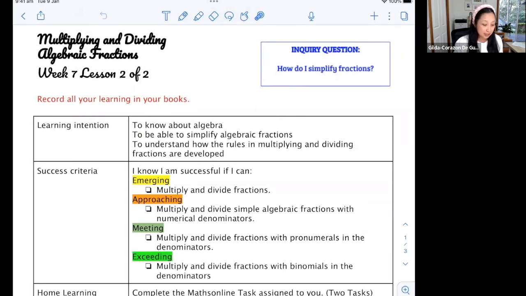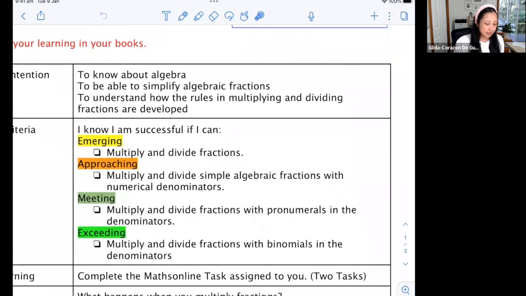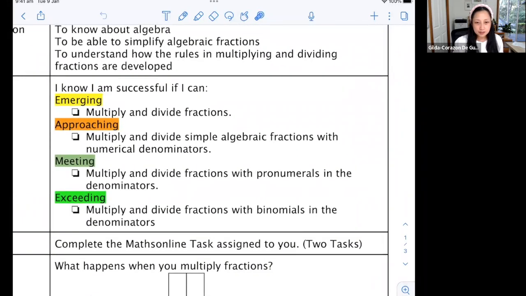Hopefully at the end of this lesson, we will be able to explain to each other how the rules in multiplying and dividing fractions are developed. I've divided our success criteria depending on which step in learning you're targeting. Emerging would be to multiply and divide fractions. Approaching would be multiplying and dividing simple algebraic fractions with numerical denominators, so no algebra on the bottom.